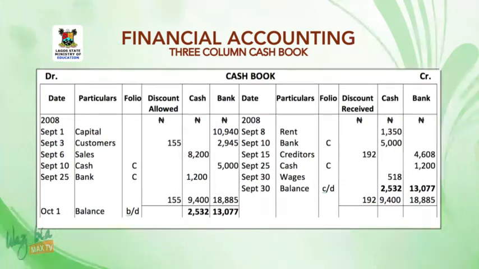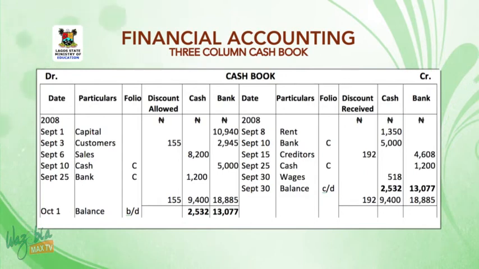Then on the credit side, on the same date, under particulars, you write cash. And you put capital letter C in the folio column. And under bank, 1,200 naira, which signifies that money goes out from the business through the bank.